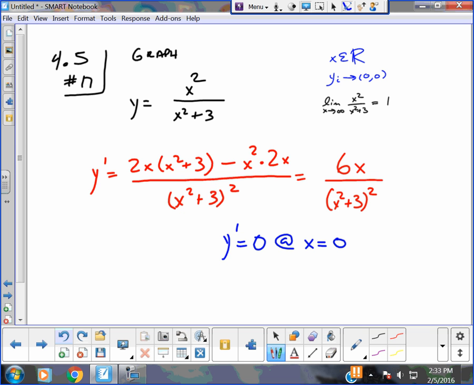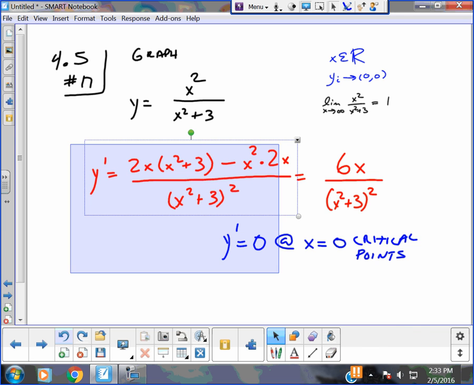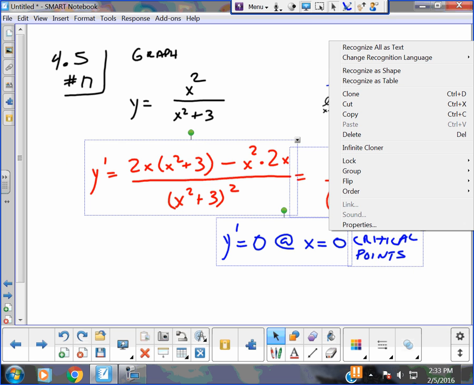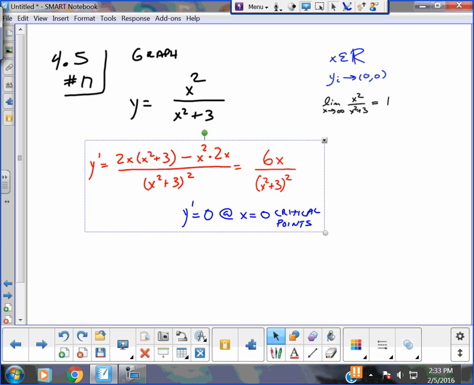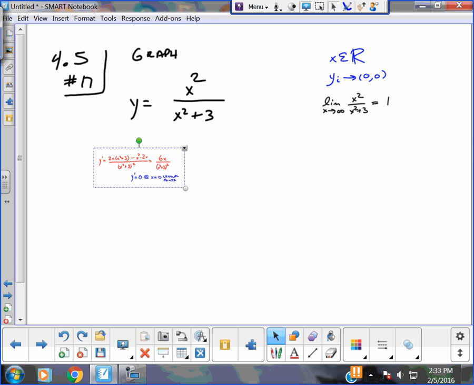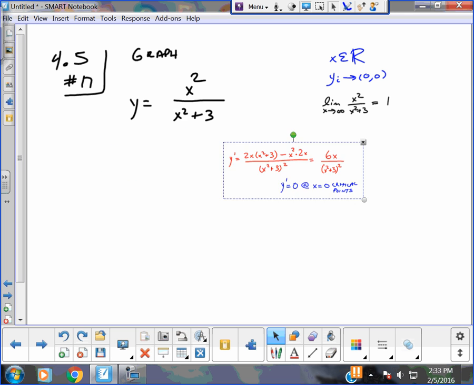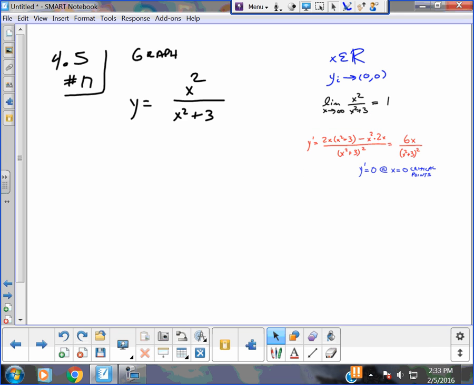So 0 is not only the y-intercept, it is a critical point. And if I was just asking you for critical points, you would be done. It could be a local min, a local max, or nothing. So I'm going to box all this up as one thing. The only thing I really needed out of that is that y prime is 0 at 0.